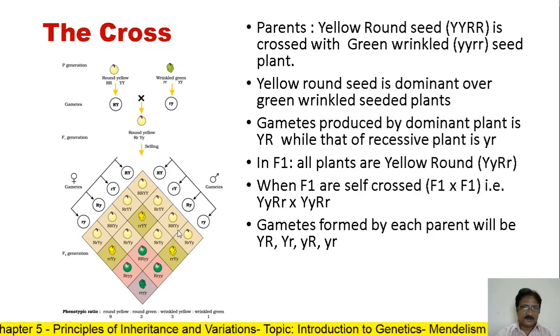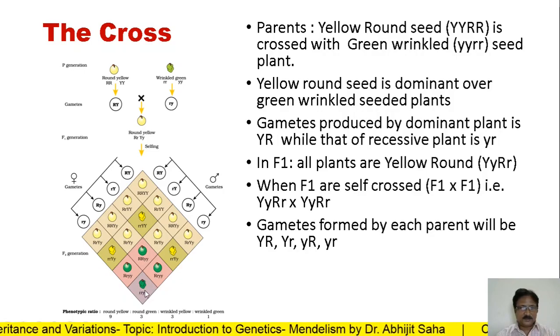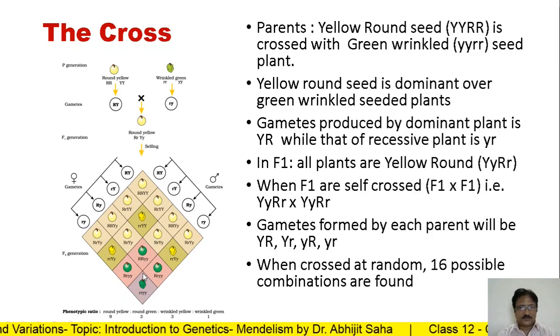These 9 are round yellow. 1, 2, 3, these are yellow and wrinkled. These 3 are round but green, and one is green and wrinkled. So 9, 3, 3, 1 is the phenotypic ratio of the dihybrid cross.